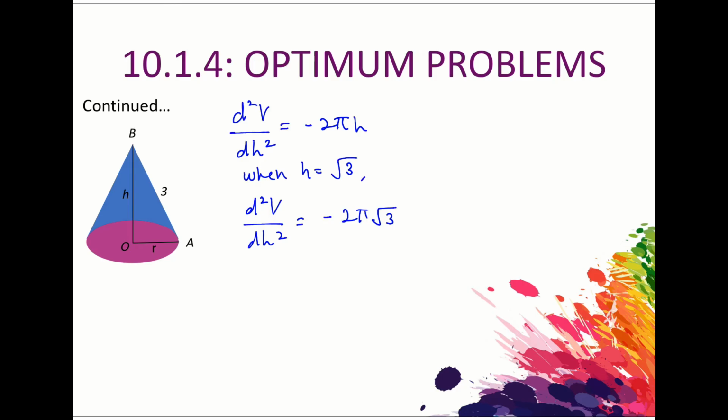Alright, so negative 2 pi square root of 3, if we rearrange that, we get negative 2 times square root of 3 pi, which is actually less than 0. Therefore, the conclusion is it is a maximum.